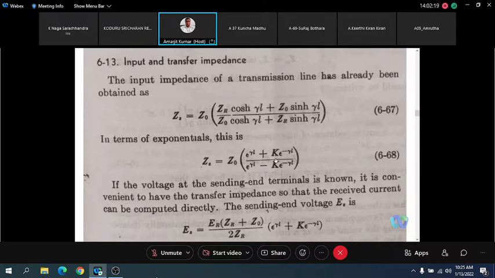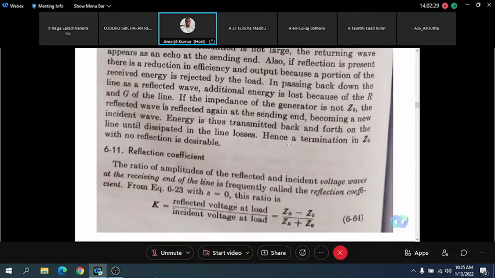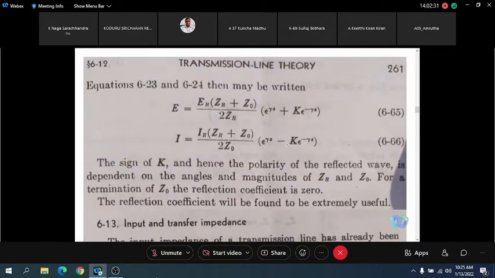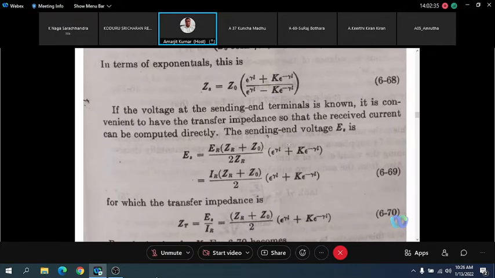K, you know what is K? K is equal to (ZR minus Z naught) divided by (ZR plus Z naught). This is the reflection coefficient. K is the reflection coefficient. Okay, so the sending end voltage ES, this also you know.